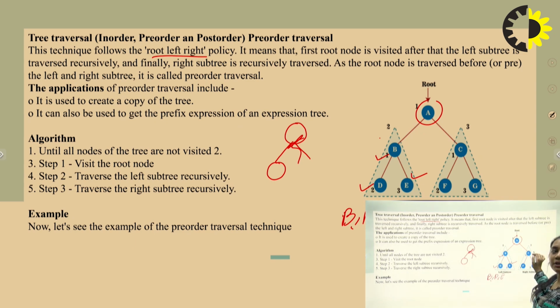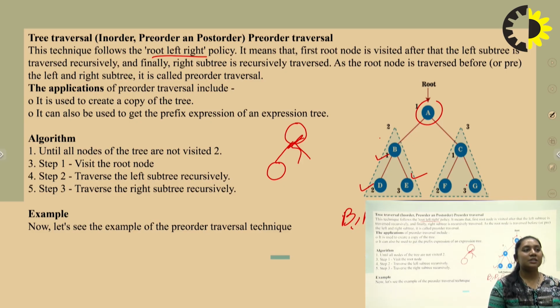Then it prints the right subtree. Pre-order follows the root, left and right policy, which means it traverses the left subtree and finally recursively traverses until it reaches the last node.